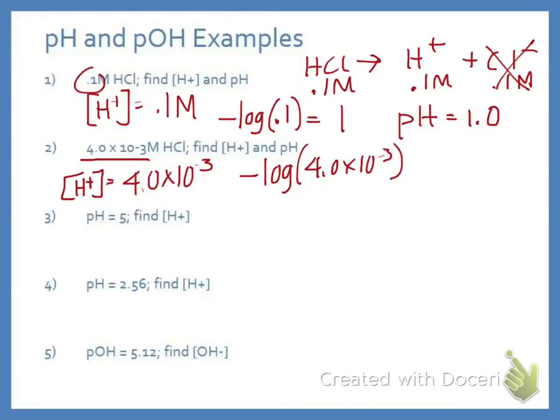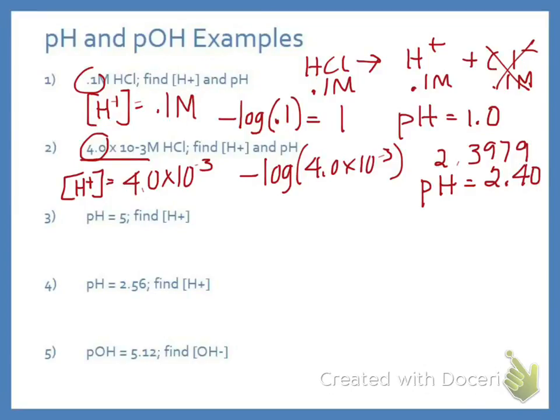Whoops, got something wrong in my calculator. Negative log. And I get an answer of 2.3979. I have two significant figures here, so my pH would be reported as 2.40. Okay?